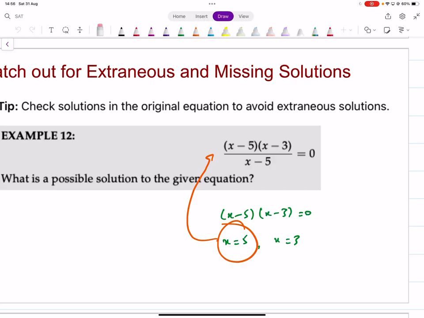Let me actually write that fully. You get 5 minus 5 multiplied by 5 minus 3 divided by 5 minus 5. And that's 0 over 0. What's 0 over 0? It's undefined. You cannot divide by 0. Division by 0 is not possible. So x equals 5 does not work.